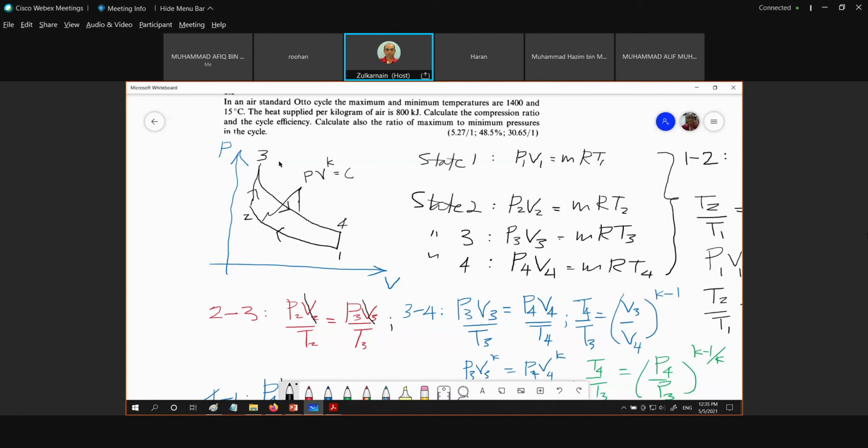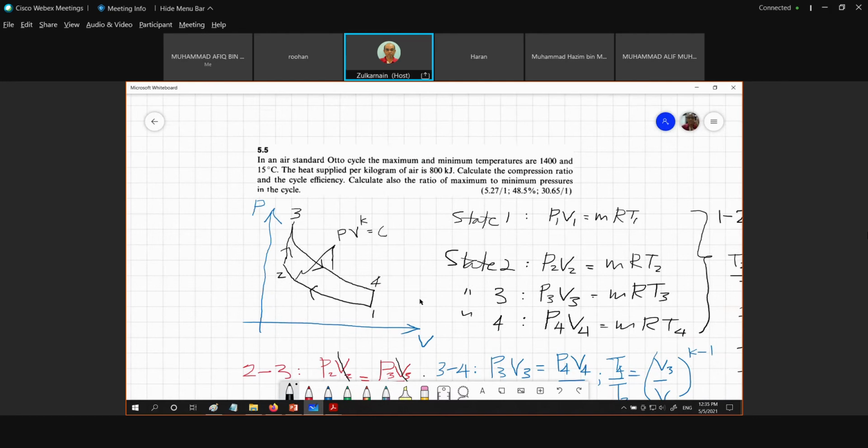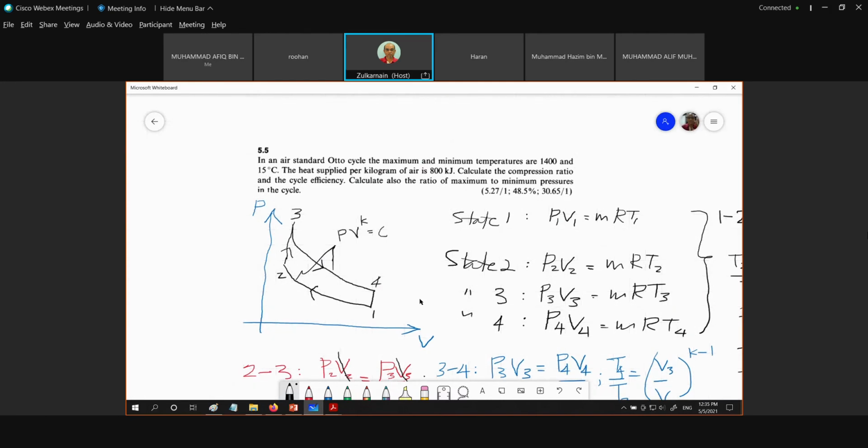Yes, 2 to 3 is the heat addition, or heat supply, process. Of course, when we supply heat, the internal energy will increase, therefore the temperature will increase. So the given 1400 right here is given for T3, the maximum temperature of the cycle.